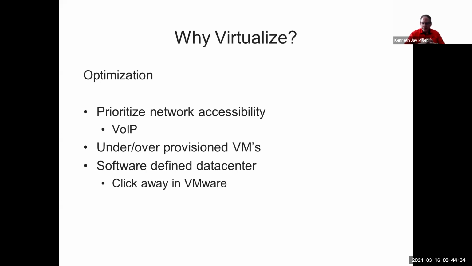So maybe on a Tuesday, our web server is not getting hardly any traffic, but our database server is getting a ton of work done on it. So on Tuesdays, we may want to say, okay, take a little bit of memory and CPU from the web server and slide it over to the database server, so it has a little bit more capabilities.